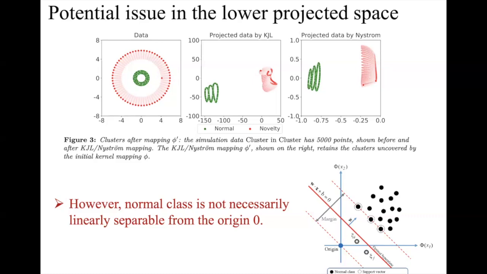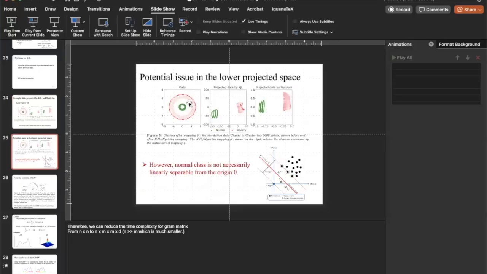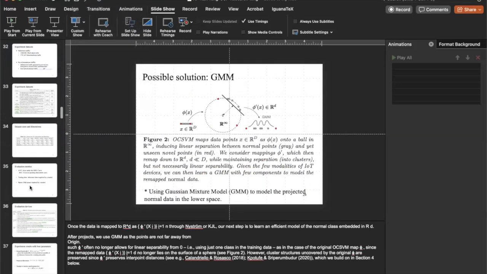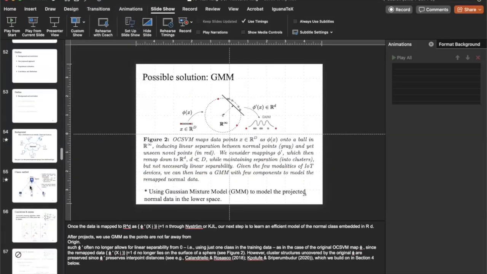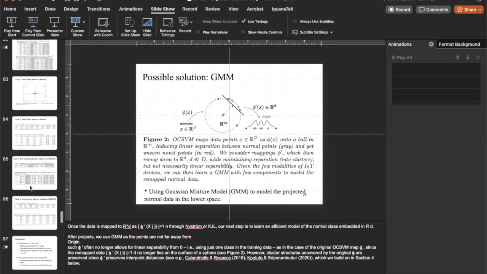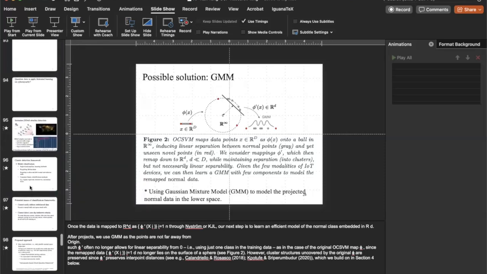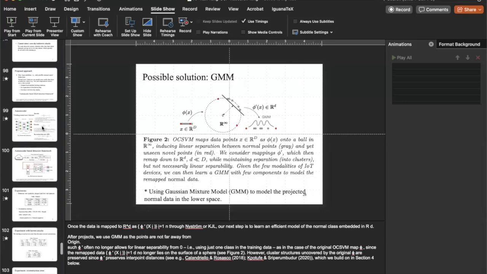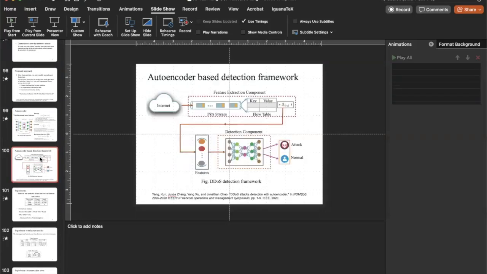Yes, this is just one method based on the OCSVM. There are also some other methods from previous work that I'd like to mention. This is our intrusion detection framework. It's actually based on a deep neural network.